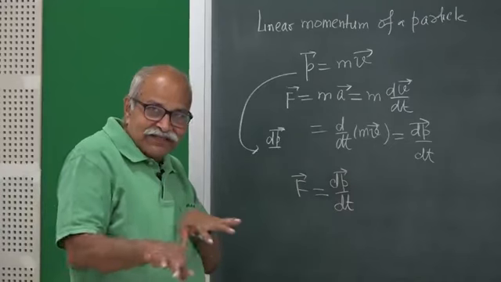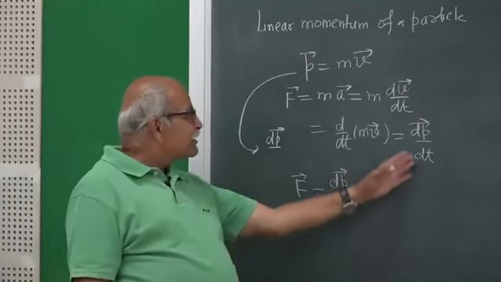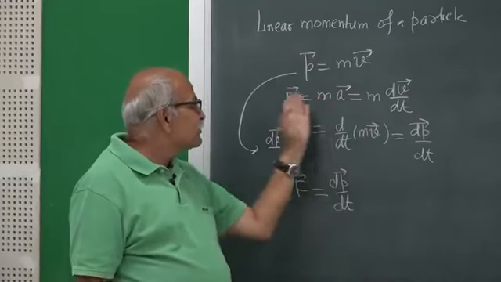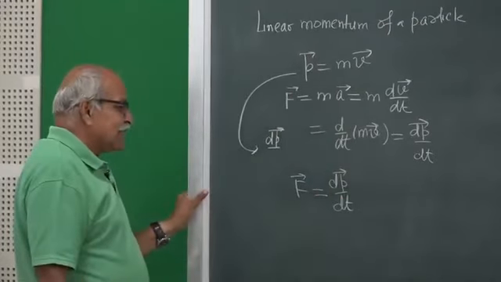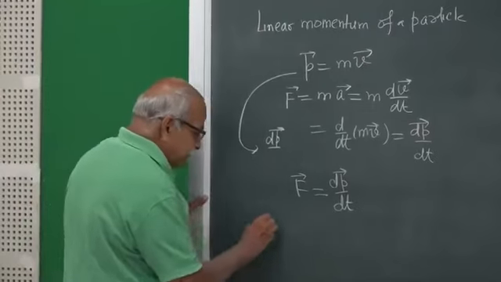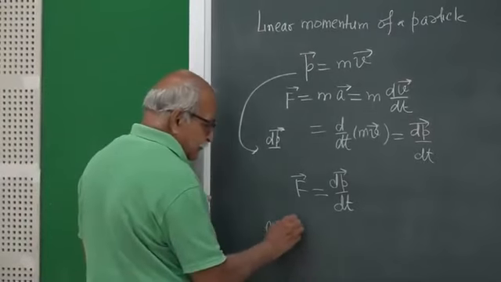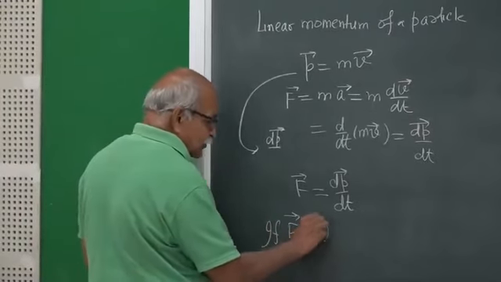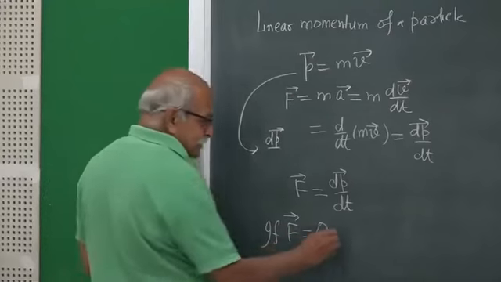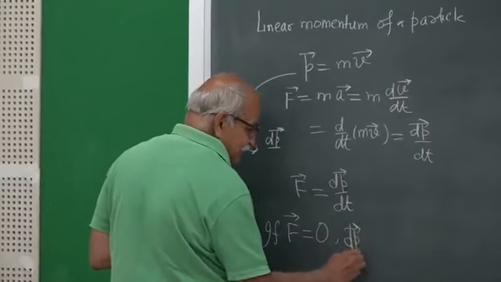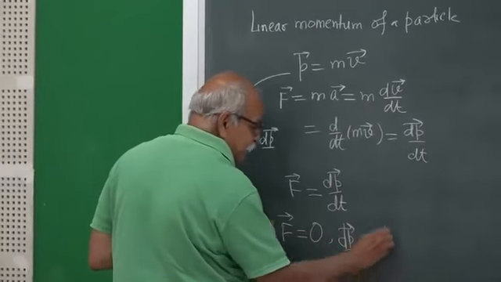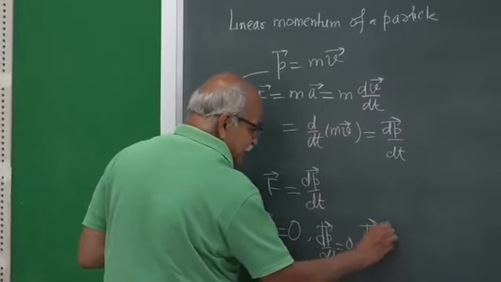That is how Newton started, and then from here we go to F equal to ma. So, if the force on the particle is 0, dp/dt is 0, and that means p is constant, linear momentum is constant.